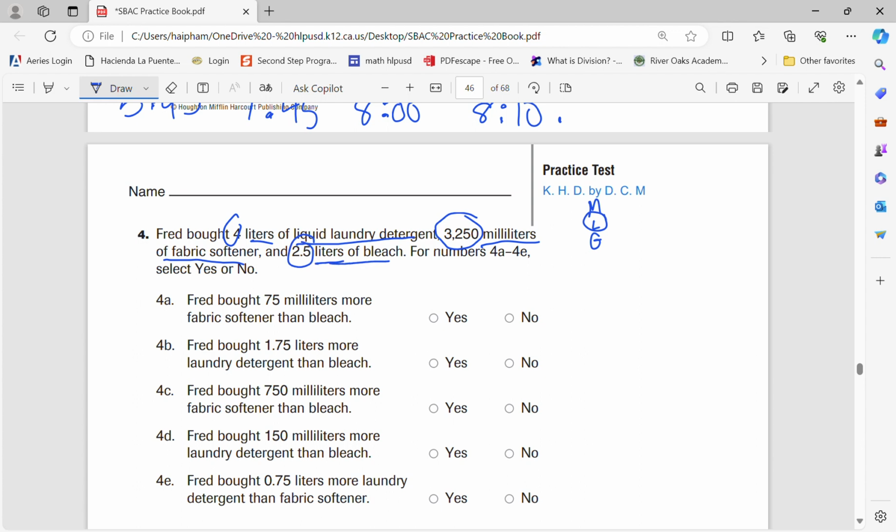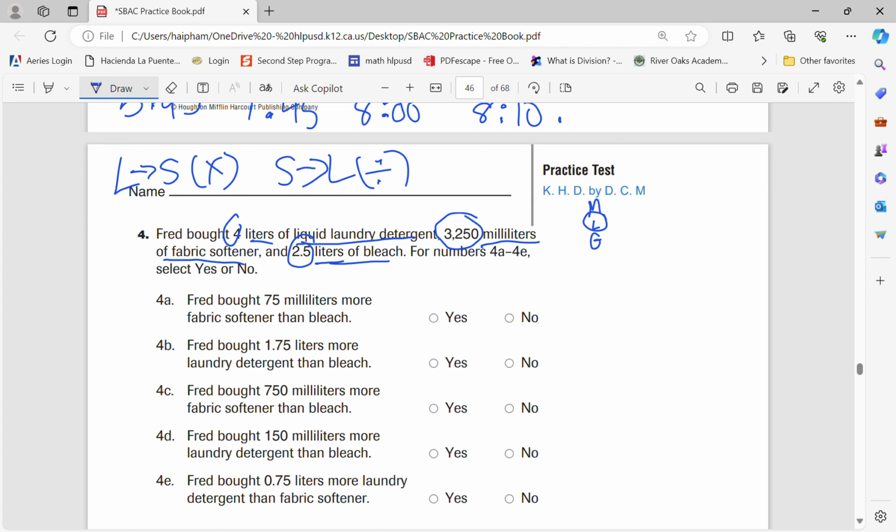For numbers 4A through 4E, select yes or no. Okay, so we are dealing with liters and milliliters here, so there's going to be some conversion. Again, remember when you're going from large to small, we are going to multiply. Small to large, we are going to divide.